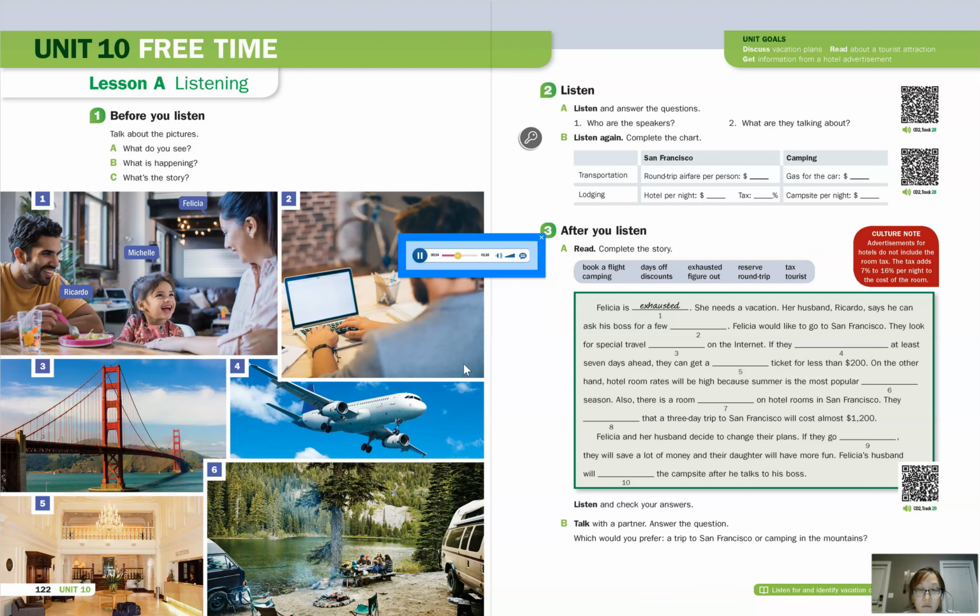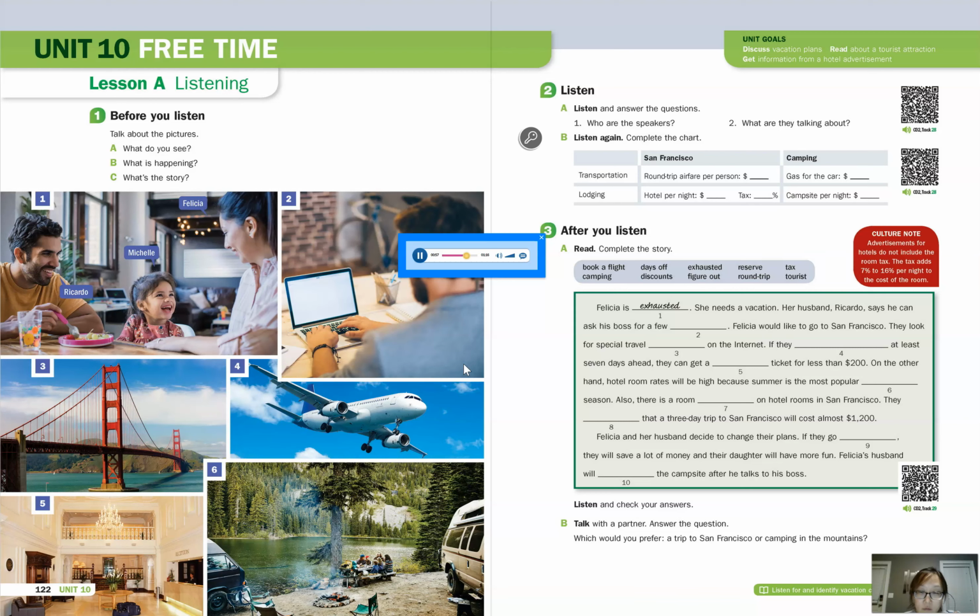On the other hand, hotel room rates will be high because summer is the most popular tourist season. Also, there is a room tax on hotel rooms in San Francisco. They figure out that a 3-day trip to San Francisco will cost almost $1,200.